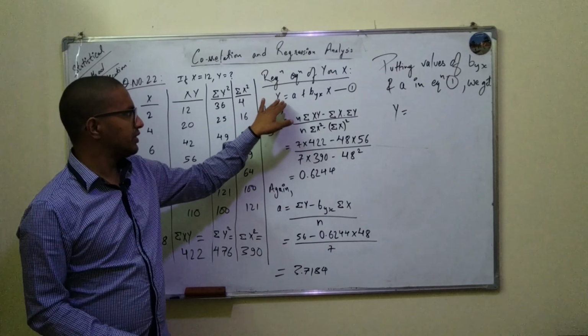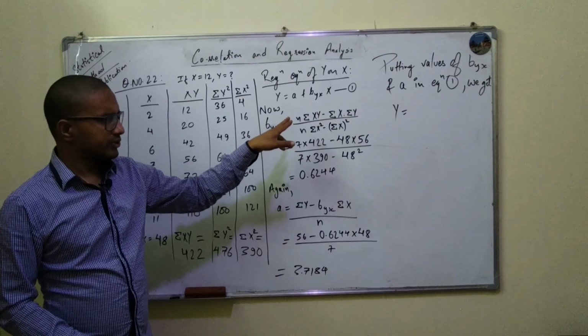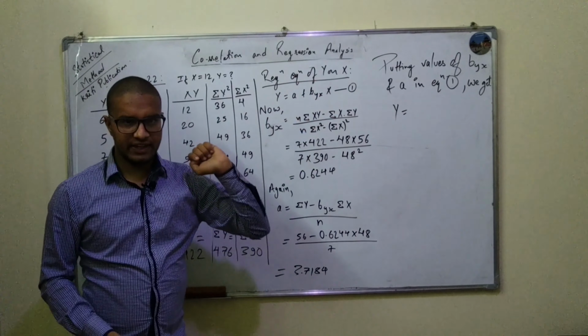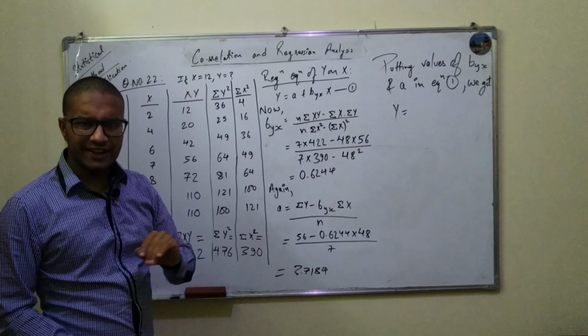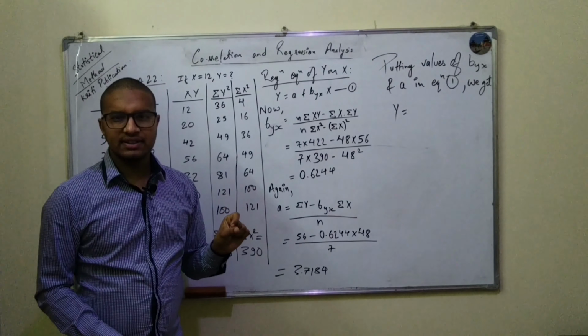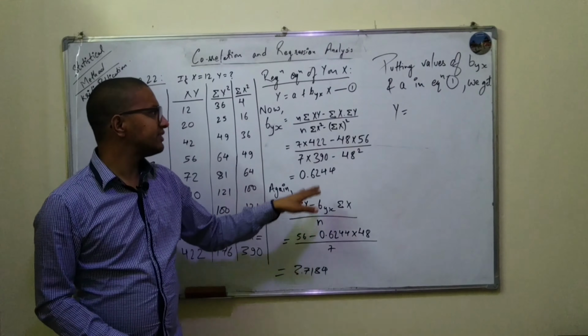We know that the equation is y equals a plus byx times x, where byx is the slope. That's your first equation. And byx is n times summation xy minus summation x times summation y, divided by n times summation x square minus summation x whole square.